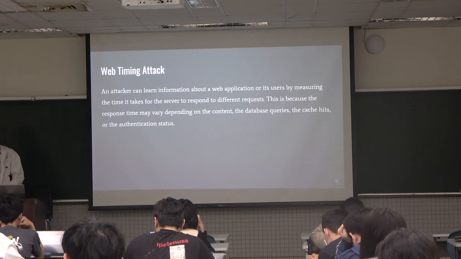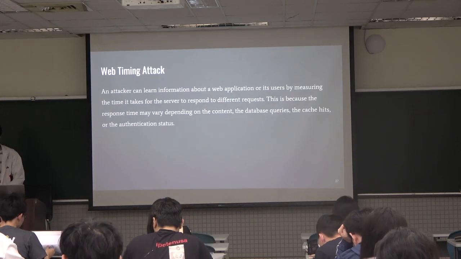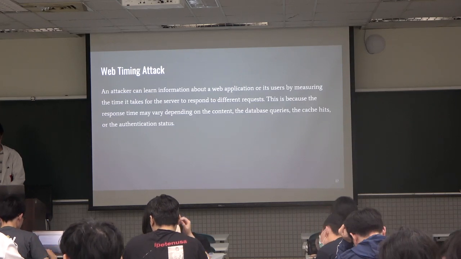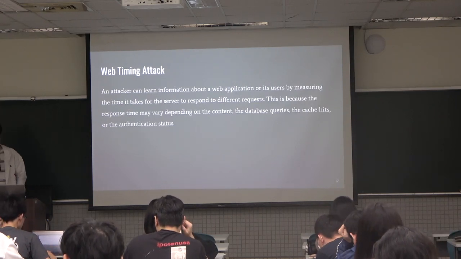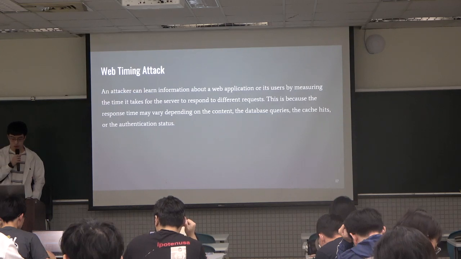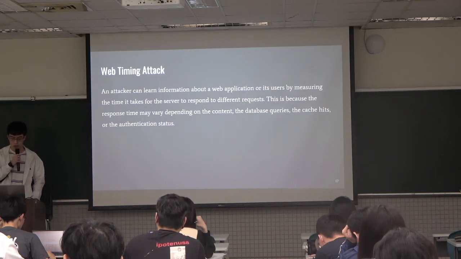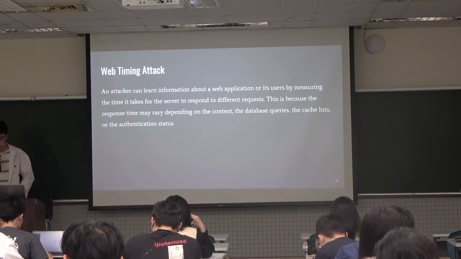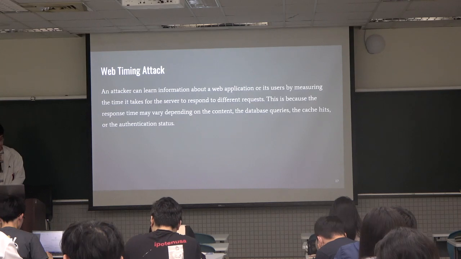The next one is the web timing attack. An attacker can infer sensitive information or gain unauthorized access by measuring the time it takes for a server to respond to different requests, such as the content, database queries, cache hits, or authentication status.